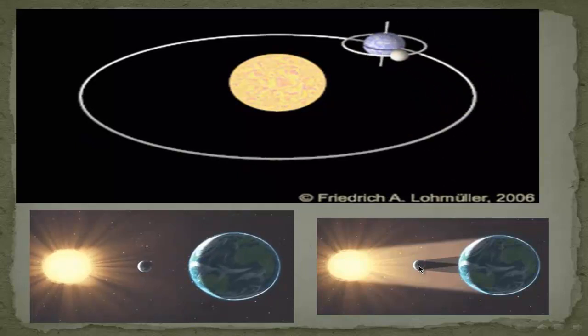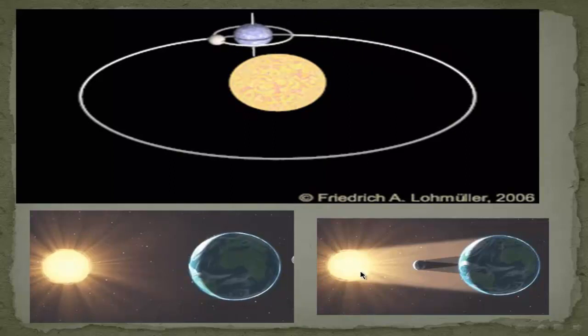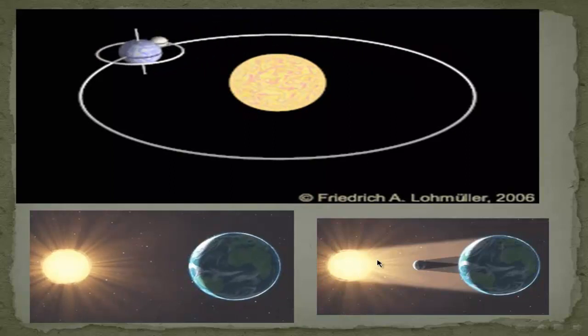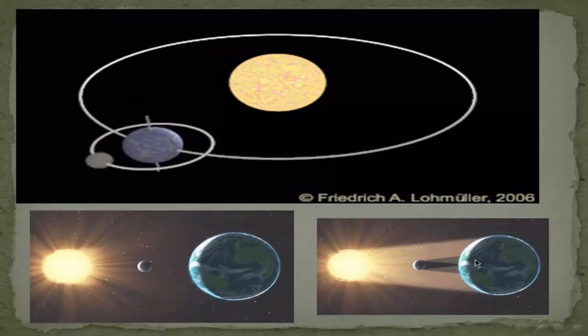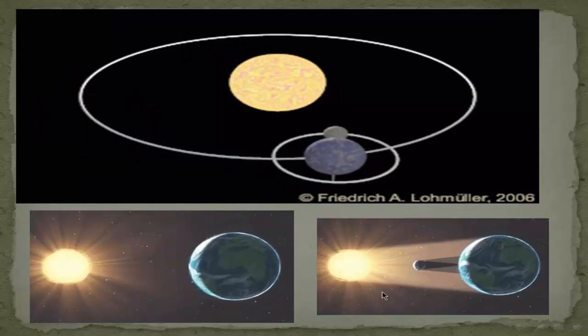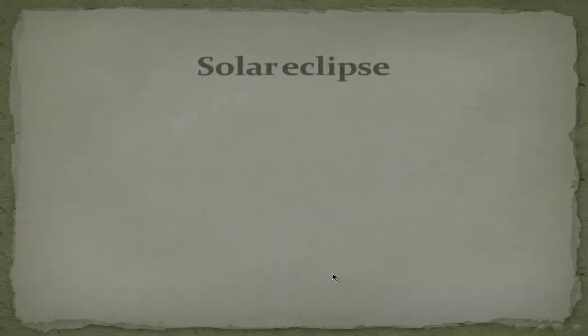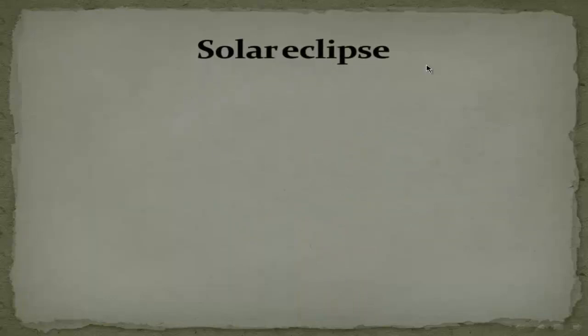As we said, if a dark body faces sunlight, it will hide its light and cast its shadow on Earth. Okay? This phenomenon is called solar eclipse.